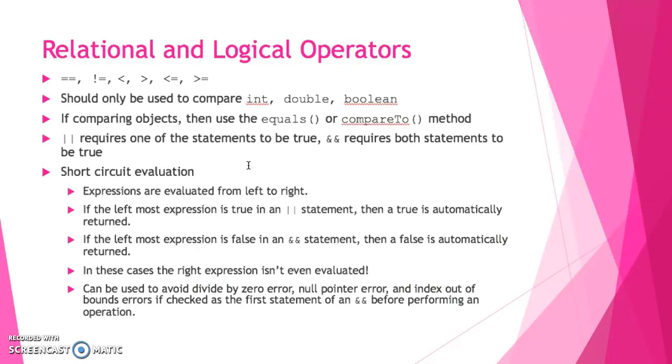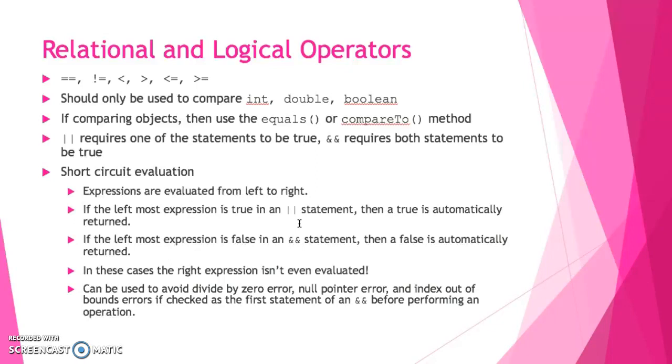We have what is called short circuit evaluation, and short circuit evaluation is going to go from left to right. Essentially, if the leftmost expression in an OR is true, then the true is automatically returned and the second condition is not even checked. If we're dealing with an AND statement, if the leftmost expression is false, then the false is automatically returned and the right isn't even checked.